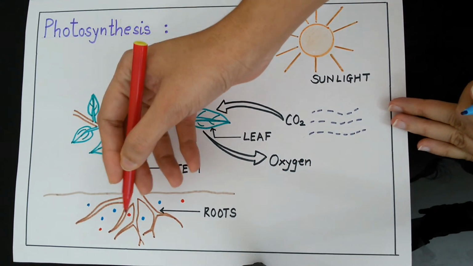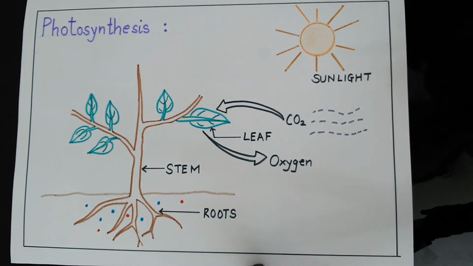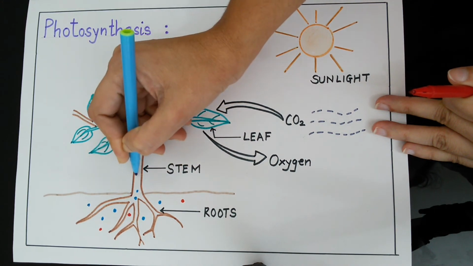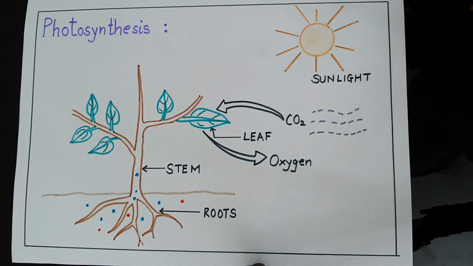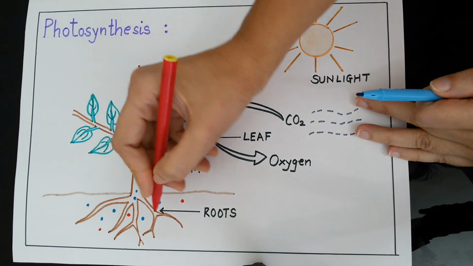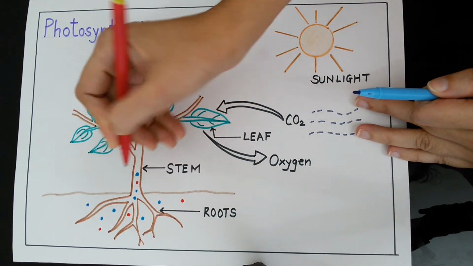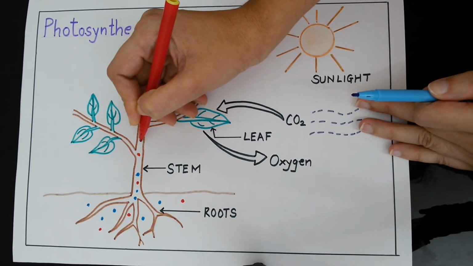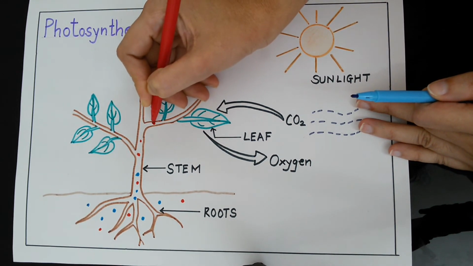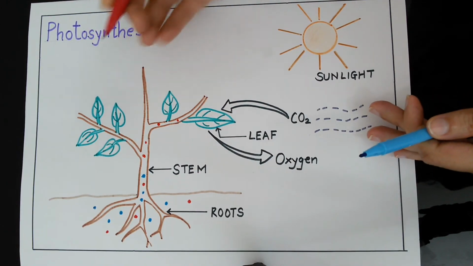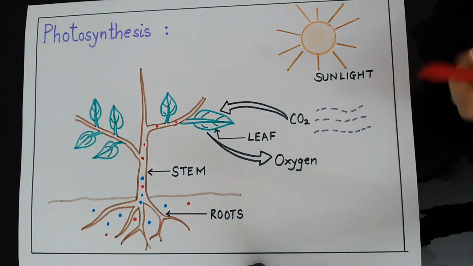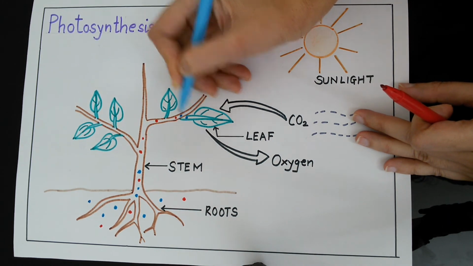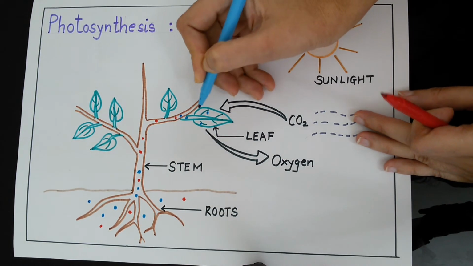Roots of the plant absorb water and nutrients from the soil. They transport water and nutrients to other parts of the plant. The stem takes them to the leaves.